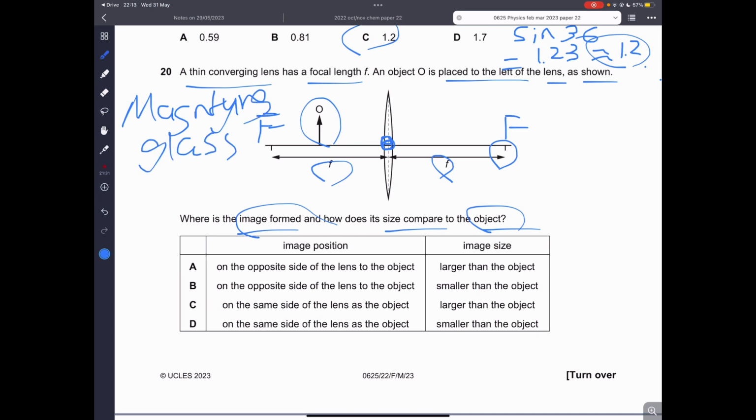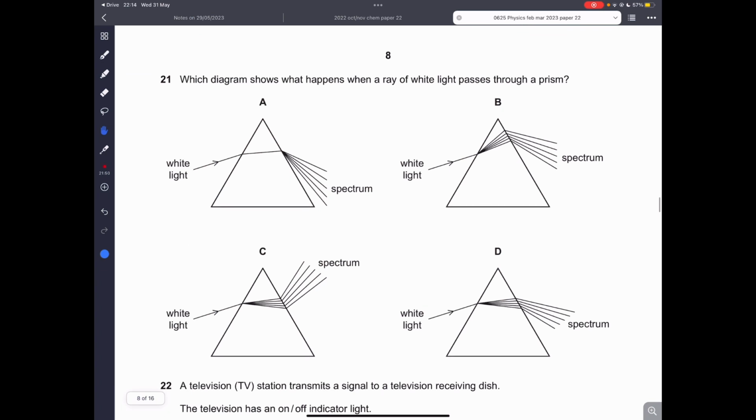It is used to see enlarged objects, so the rays are not going to meet on the other side, but it's going to be on the same side of the lens as the object, and the image is going to be enlarged or magnified, so it's going to be larger than the object. So C is the correct answer.